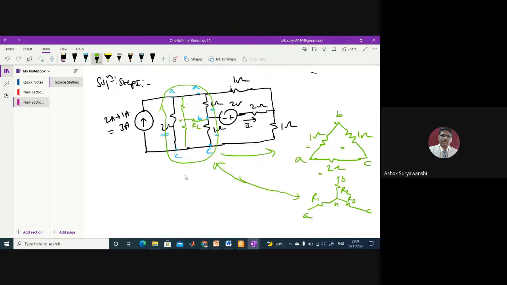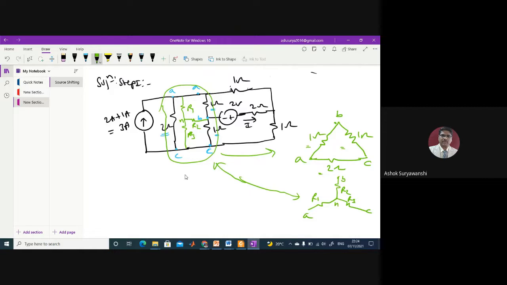Between N and C there is R3, and between A and N there is R1. So if you transform this delta into star, I think you can do the further simplification. So let's see that particular one. How to do that?